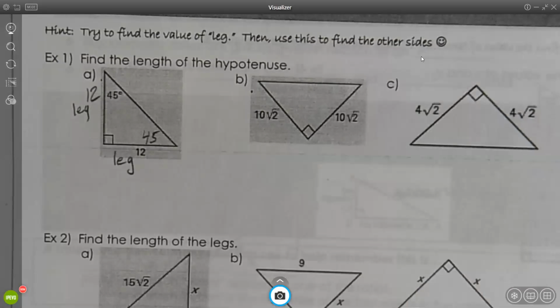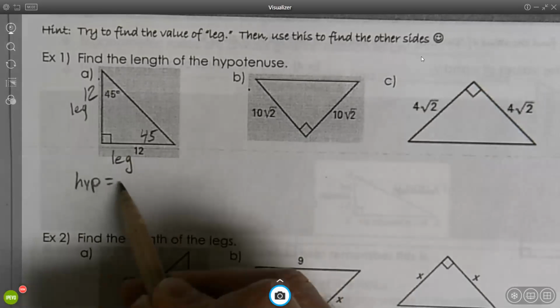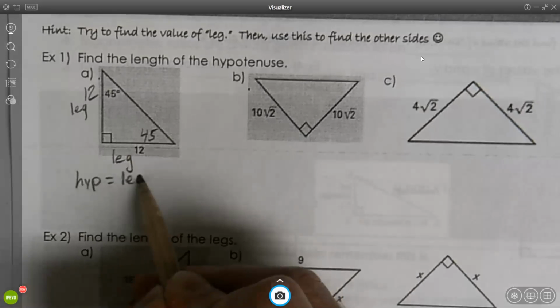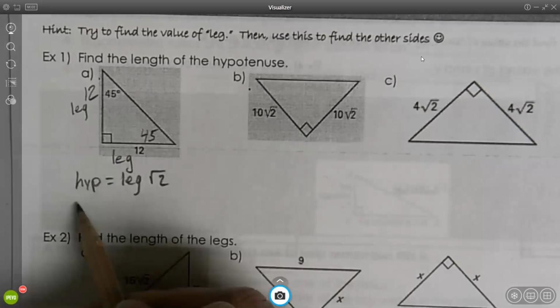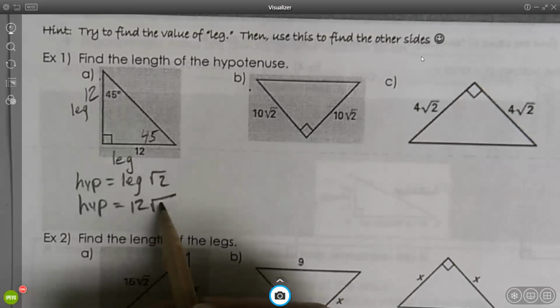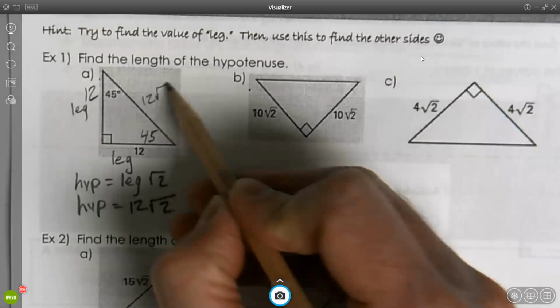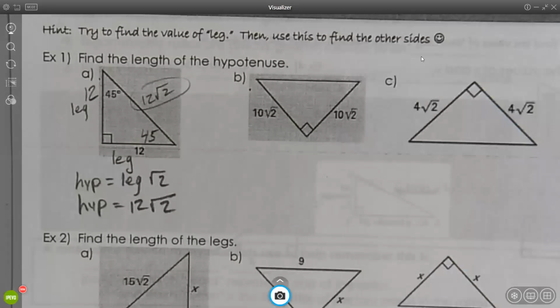And the hypotenuse, using our formula, hypotenuse equals the leg times root 2. The hypotenuse is going to be 12 times root 2. So by using the formula, we can calculate the missing side.